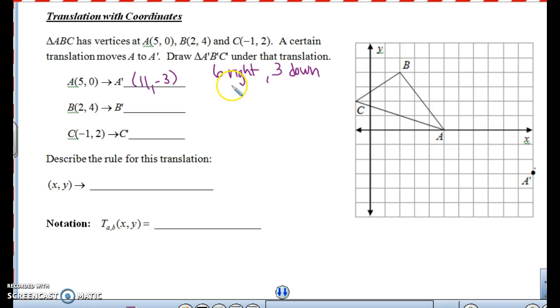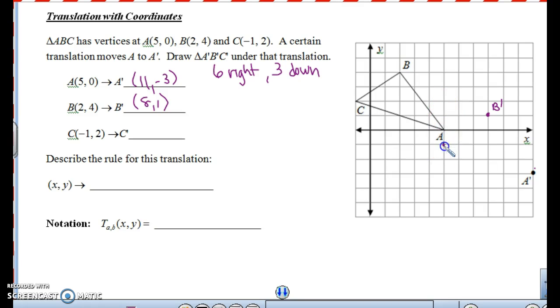So I'm going to apply that same rule to each one of these points. At B, 6 to the right and 3 down. So B prime will end up at (8, 1). And then C prime starts at (-1, 2), 6 to the right, 3 down.